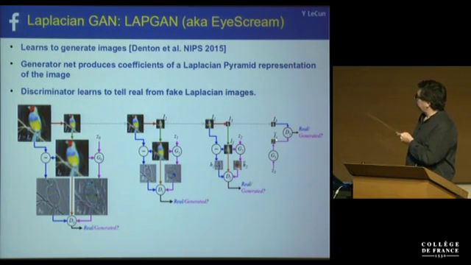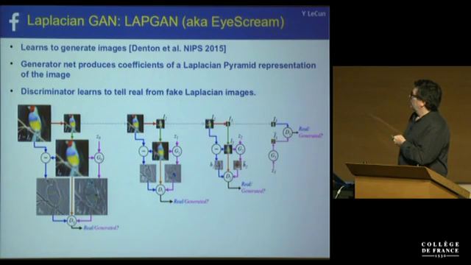The way the system generates images is that you have a low-res version of the image that goes into the discriminator coming from the database, and you have a generator, a convolutional network, generating a small image which is sent to a small discriminator. And this is done at many levels.